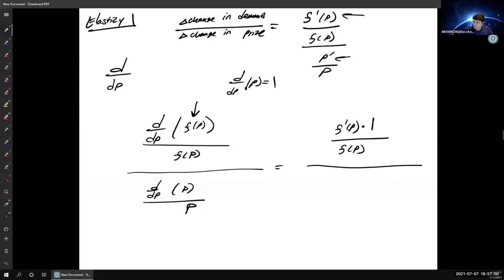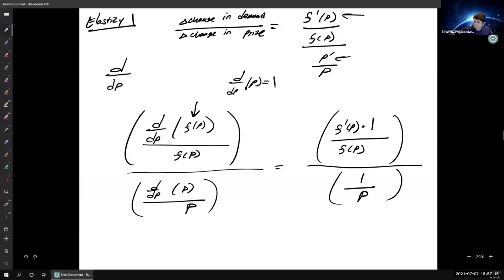Okay. And then in the denominator, the derivative of P is just 1 all over P. So I have kind of this top and bottom fraction here. Okay.